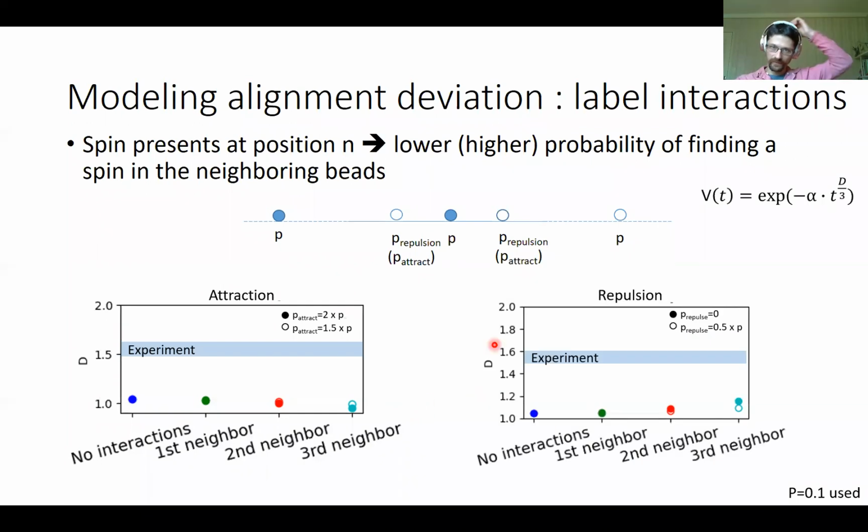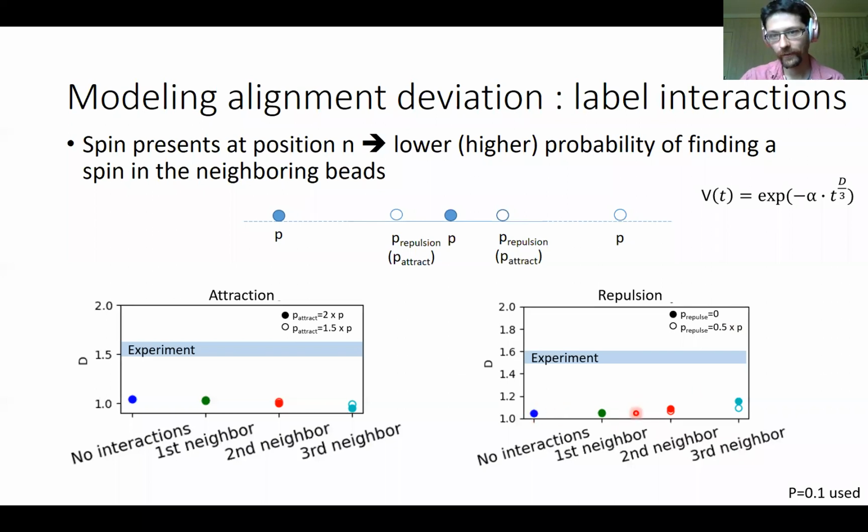So no to attraction. Repulsion, which I think is more likely, means the spins don't want to be close to each other, and you can understand that as a steric hindrance from the MTSL. So same thing, whether this repulsion goes over 1 neighbor, 2 neighbors, or 3 neighbors, and whether you completely forbid having a neighbor, it's the full circle, or you just decrease the probability by 50%.